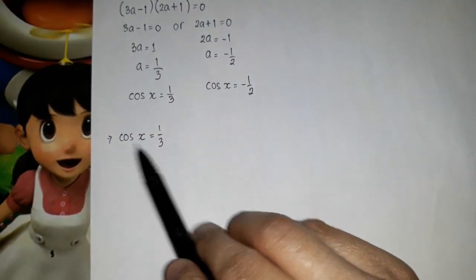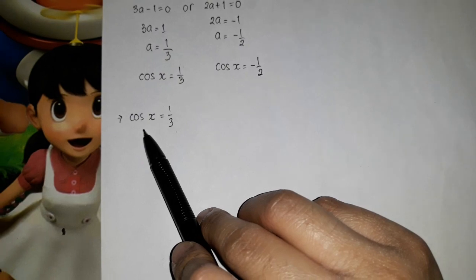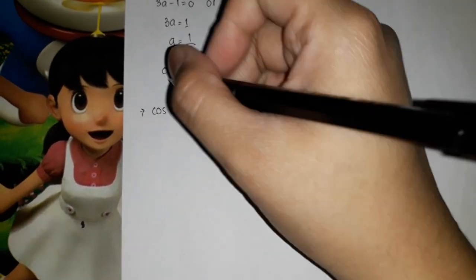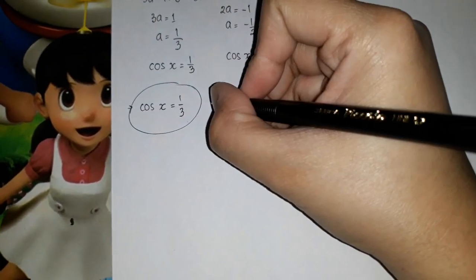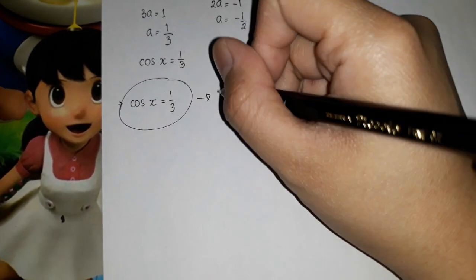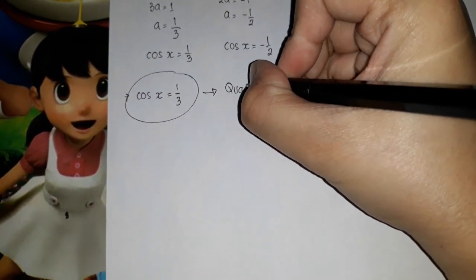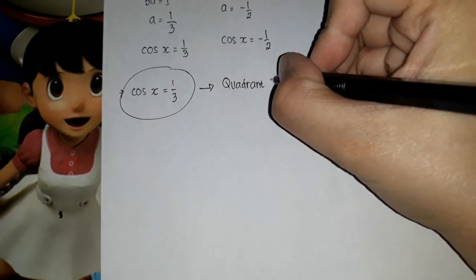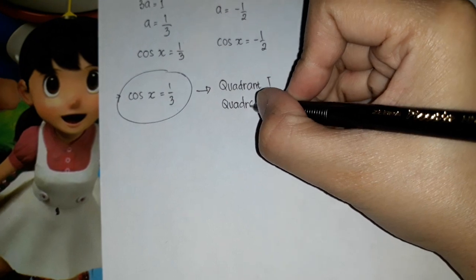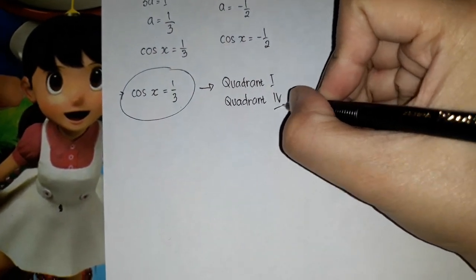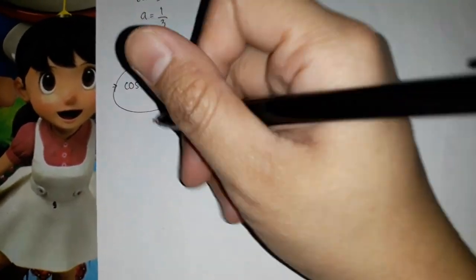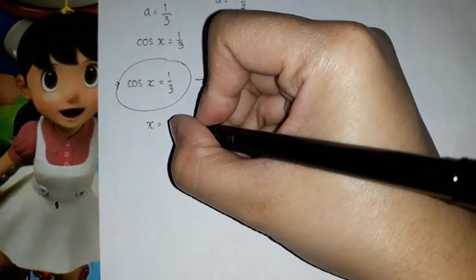If you see this, cos x is 1 over 3. It is positive. So, because cos x is positive, the possible values of x can be in quadrant 1 or quadrant 4. Okay, so let's find the value of x.